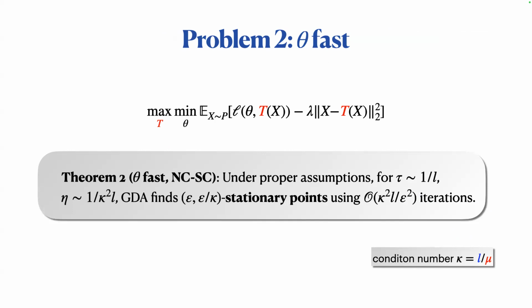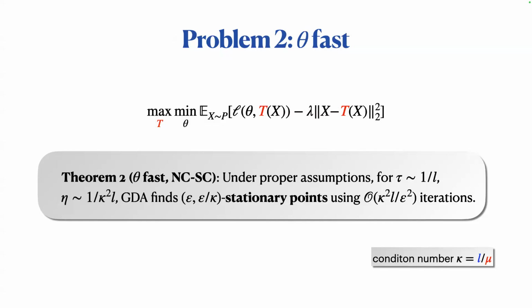The second result is, let's consider the other version, max over T, min with respect to theta, okay? And then for this problem, we can show, first of all, for the NC-SC problem, you can see the NC is non-convex with respect to T, but it has to be strongly convex with respect to theta. This means that if I pick a T, then you can have a unique minimizer with respect to theta.